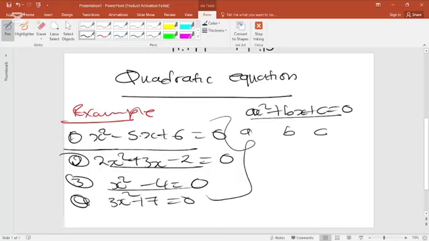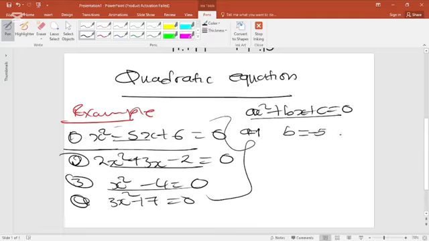Our A here is 1. As you know, in front of any variable, if there is no number, just know that we have 1 there. Apart from that, when we go to B, you'll find that our B is negative 5.